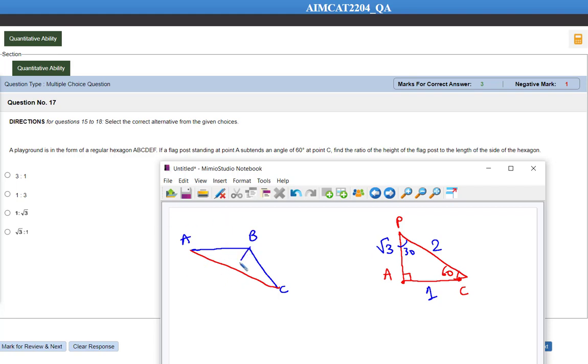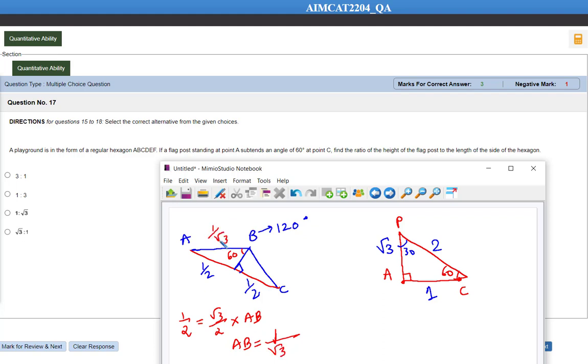I will drop a perpendicular from this to this, so this becomes 1 by 2 and this becomes 1 by 2. The interior angle is 120 degrees in a hexagon, so this angle becomes 60 degrees. The side opposite to 60 degrees is 1 by 2, that is equal to root 3 by 2 into hypotenuse. The hypotenuse is AB here. So AB becomes 1 upon root 3.